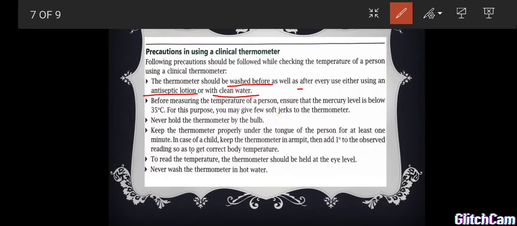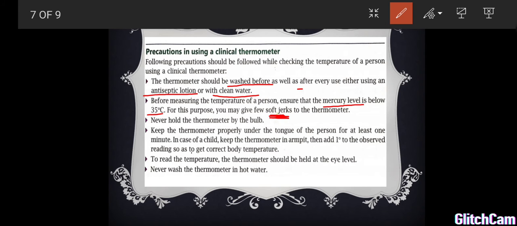Okay, next, before measuring a person's temperature, ensure that the mercury level is below 35 degree Celsius. If it is not, you have to give a jerk to the thermometer.